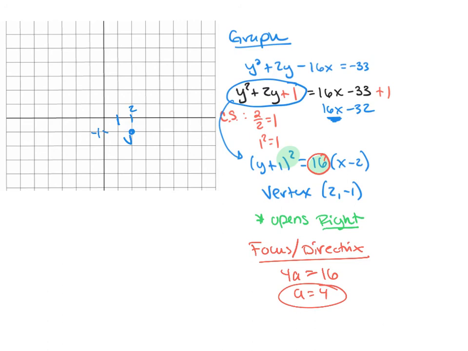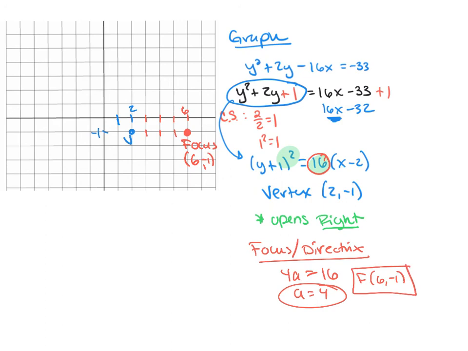Since our graph opens to the right, we know we're going to go to the right 1, 2, 3, 4. And it looks like that keeps us at the y value -1, but moves us 4 units to the right of 2. So 3, 4, 5, 6. So our focus is at 6 for x, -1 for y.